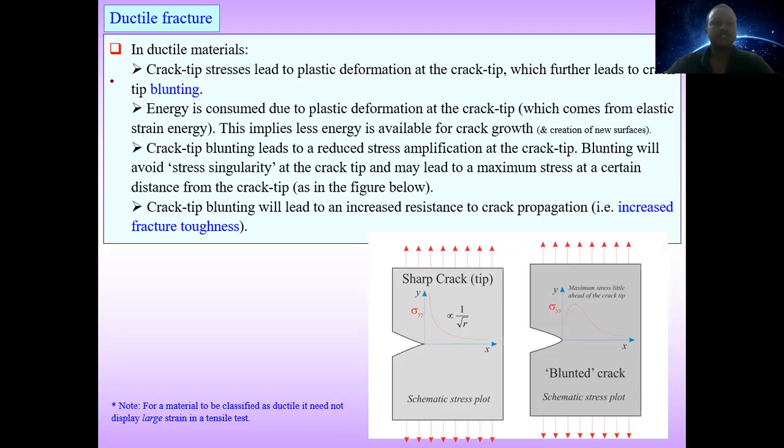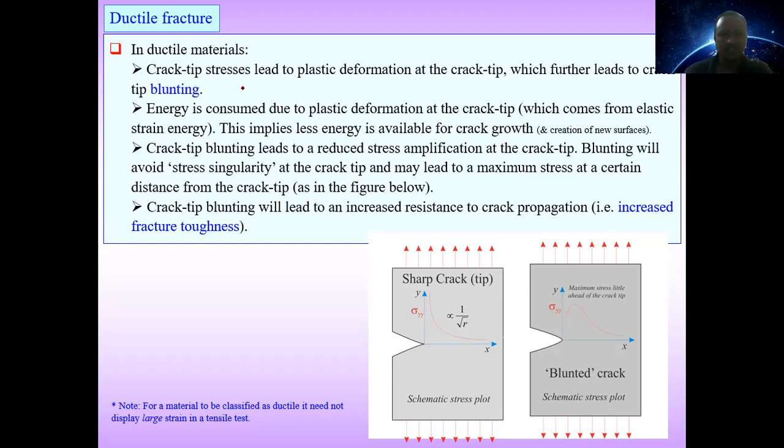So what are ductile fractures? In ductile materials, crack tip stress leads to plastic deformation at the crack tip, which further leads to crack tip blunting. Energy is consumed due to plastic deformation at the crack tip, which comes from elastic strain energy. This implies less energy is available for crack growth.